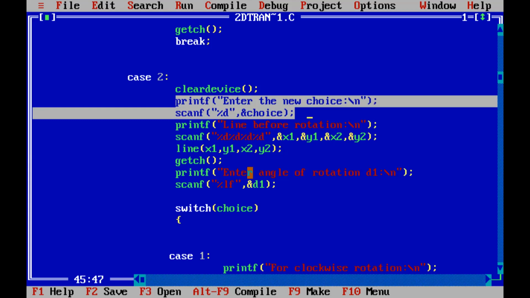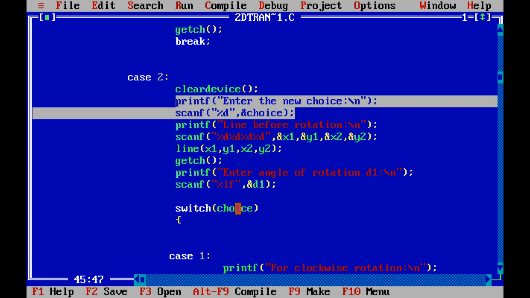Then after that, I will ask for the angle of rotation, because whatever may be the choice, clockwise or anti-clockwise, the angle of rotation should be given, and that is accepted in D1. Okay. So it is the D1 variable which is accepting the angle of rotation.